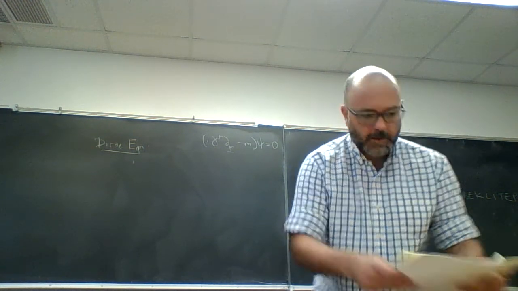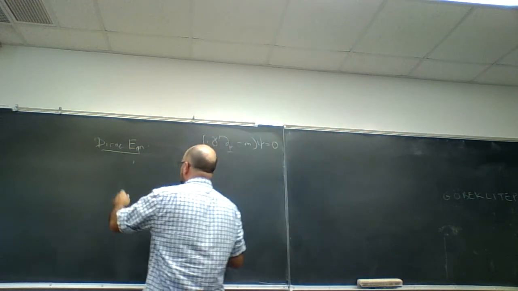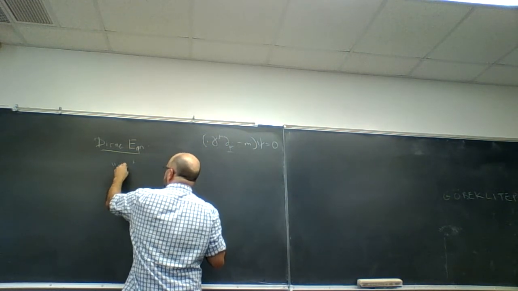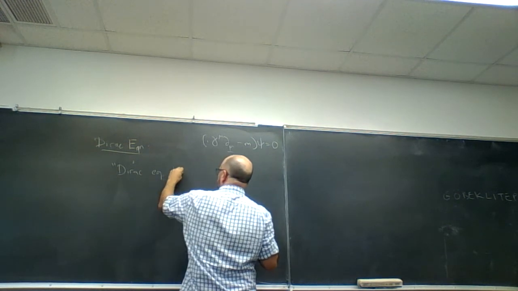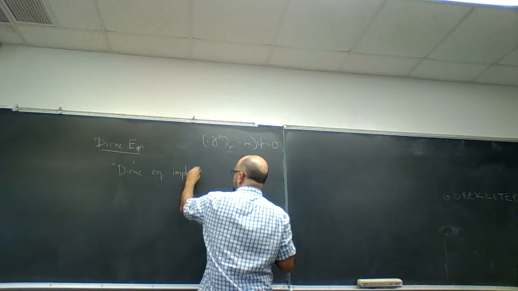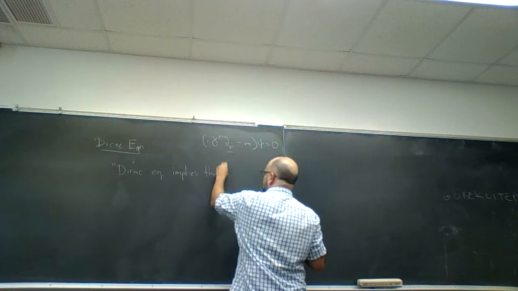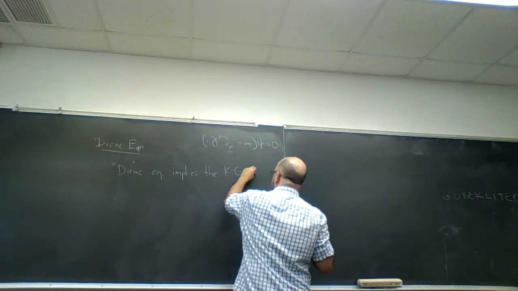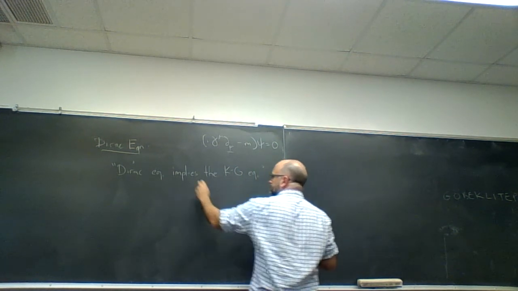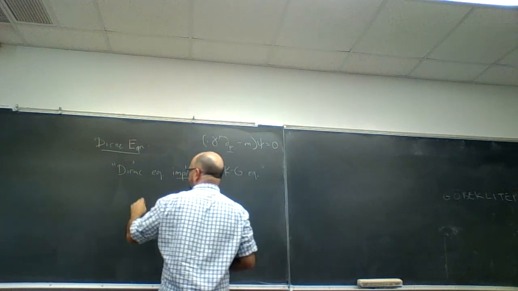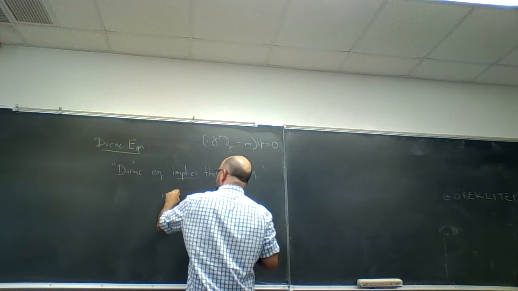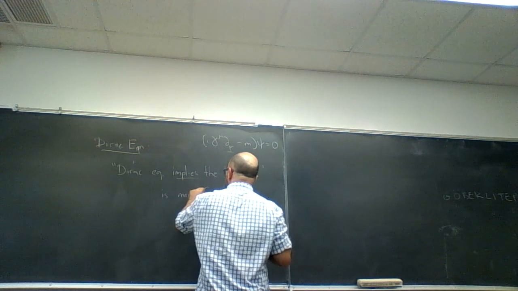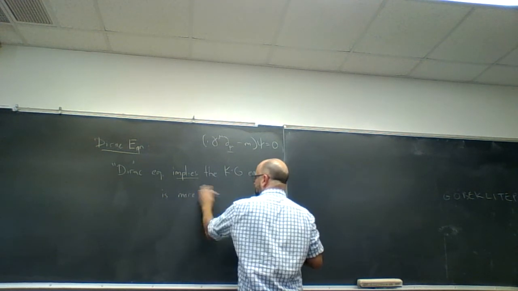You might hear people say that the Dirac equation implies the Klein-Gordon equation. You might hear this, or you might hear people say that the Dirac equation is more fundamental. Or no, I don't want to say that.